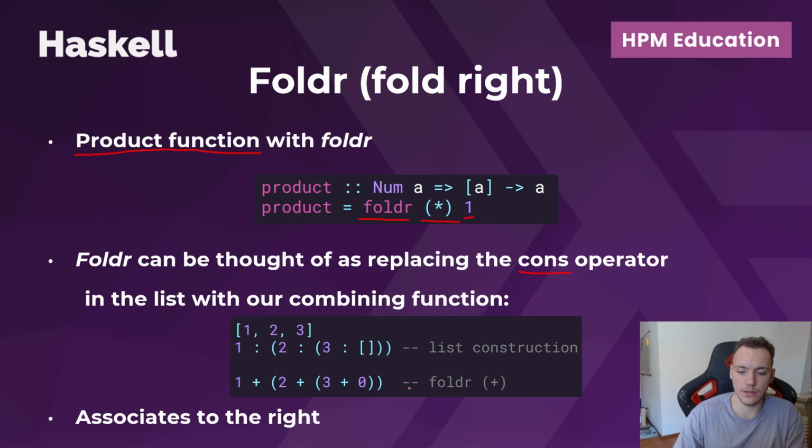But if we use foldr, then we can actually read it as 1 plus 2 plus 3 plus 0 instead of the empty list, right? So you can see that this is very, very similar, and it might help you think about folding this way, as replacing the cons operator to flatten the list into a value.